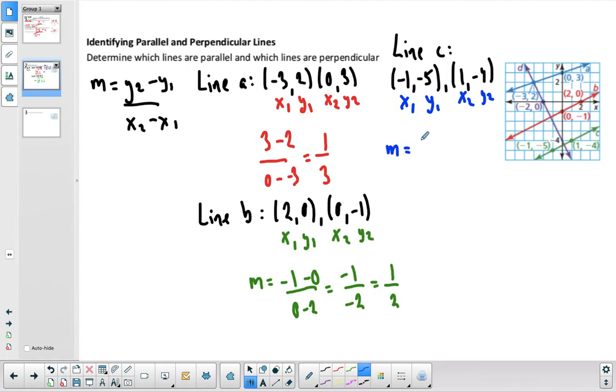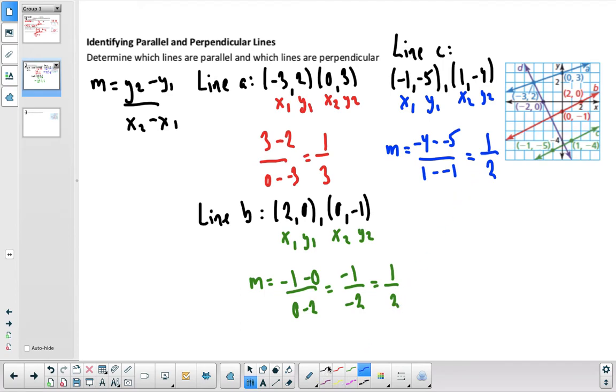I've got now y2, which is negative 4, minus y1, which is negative 5, all over x2, which is 1, minus negative 1. All right, so negative 4 minus negative 5. Again, anytime it's minus a negative, we're going to be looking at plus a positive, so that's going to be 1. And then 1 minus negative 1, that's going to become a positive 2. Okay, so we can see that those two are the same, which is great.